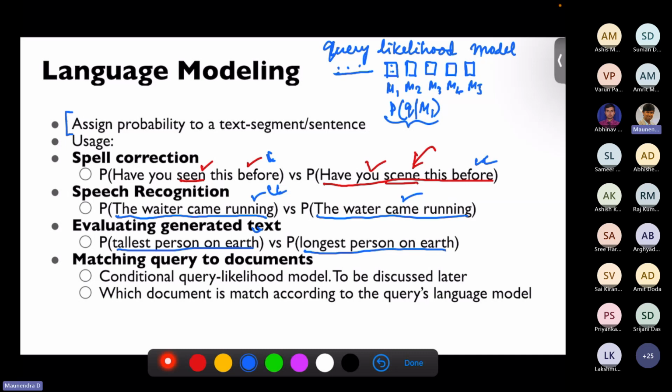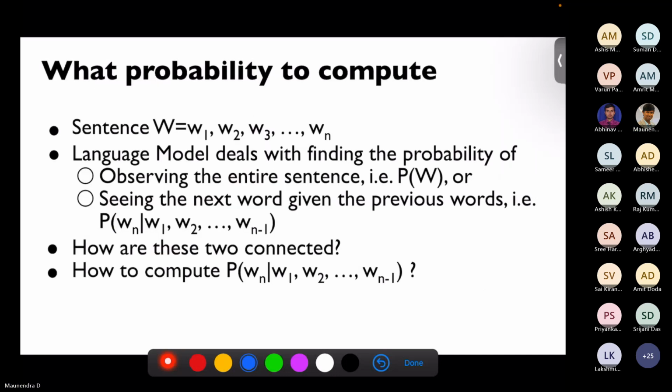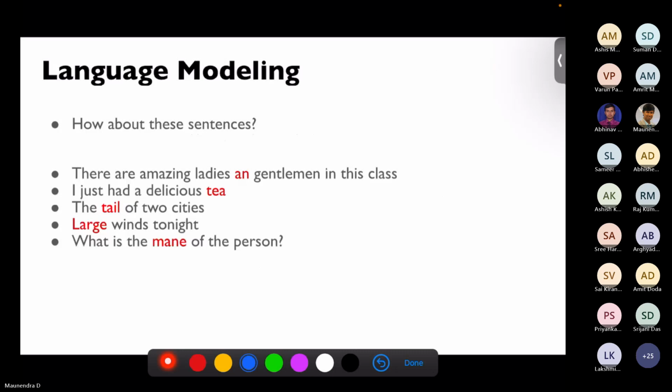Now let us look at a few other sentences. Let the slide come on the screen. Suppose these are different sentences. Let us forget about the exact application for which it is being used.